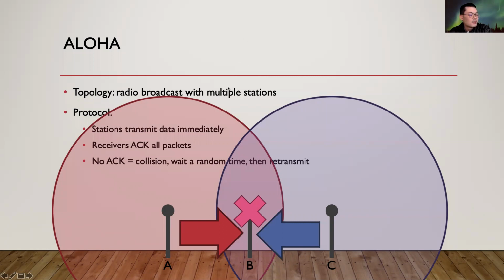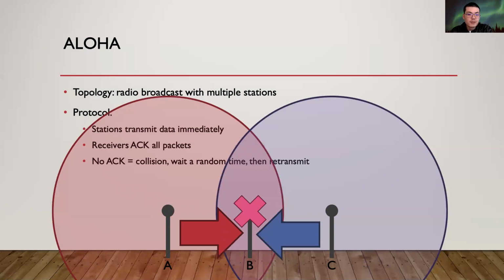So this is the case with radio, the wireless case. The only way is to rely on B to send an acknowledgement to A. If you never receive an acknowledgement, you assume there's a collision. Then you wait for a random time and retransmit. The reason is very simple.